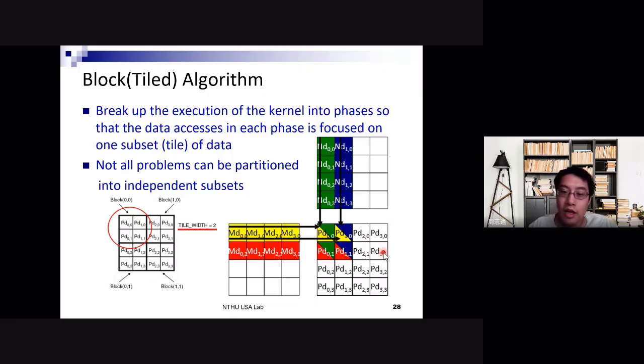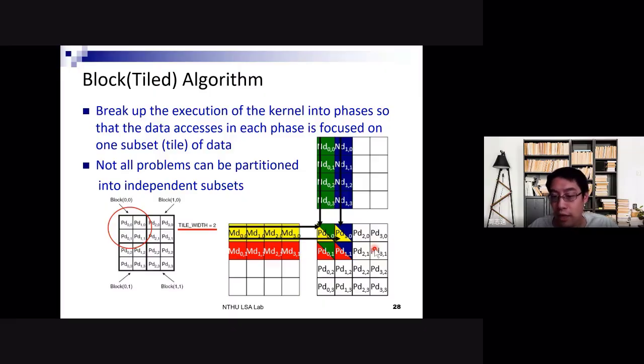Okay, you might think, although we need to load it multiple times, it seems like we could resolve that by keeping the data in the shared memory, right? Because we need it for those 2 partitions, and if we compute them one by one, then we can just keep the data on the shared memory, right?